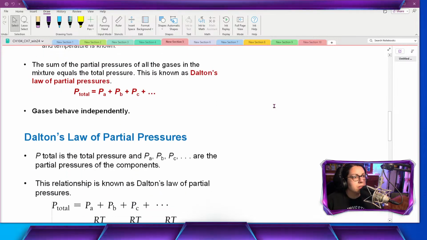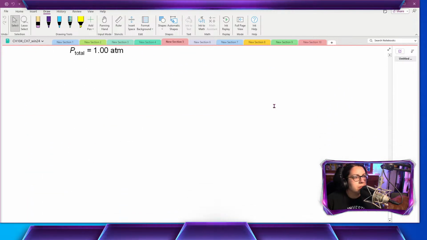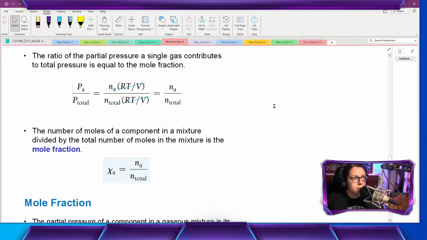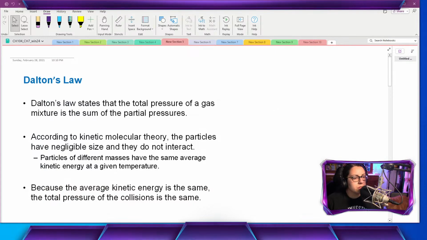All right. Let's at least talk about this. I was just trying to remind myself how many partial pressure problems you actually have in this class. Dalton's law states that our total pressure of the gas is the sum of our partial pressures. And that goes back to our kinetic molecular theory.